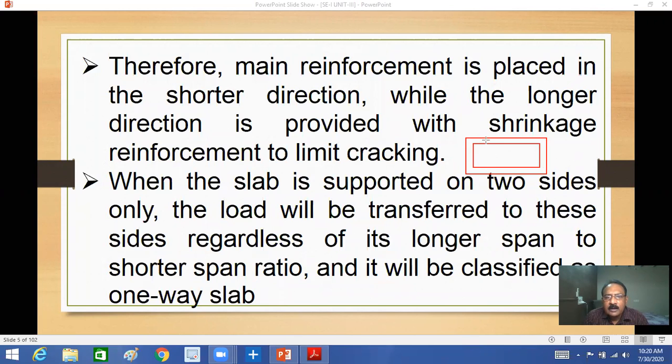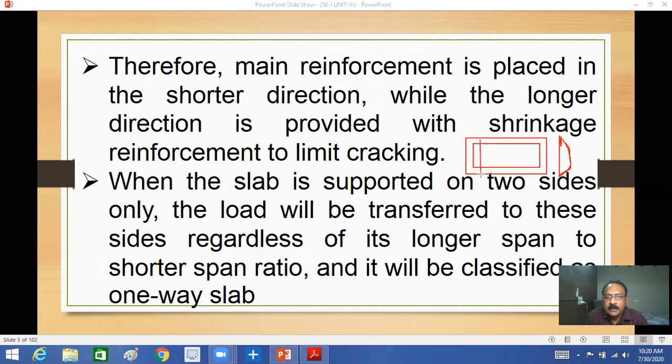So your main reinforcement follows the bending moment, which is maximum like this. If you see, this is the bending moment in this direction, so we will provide the reinforcement in this direction.